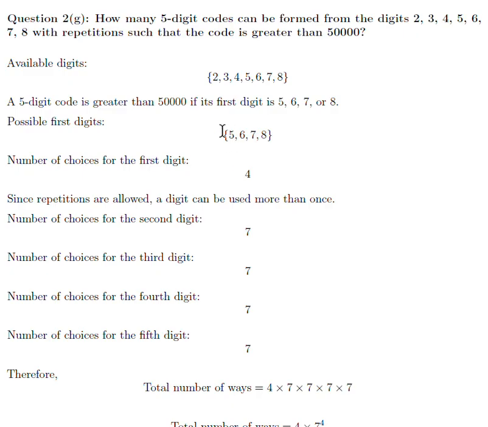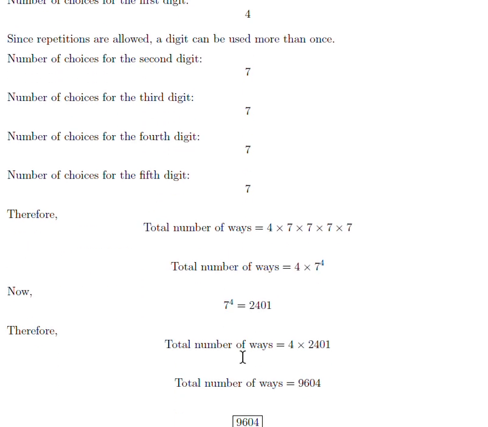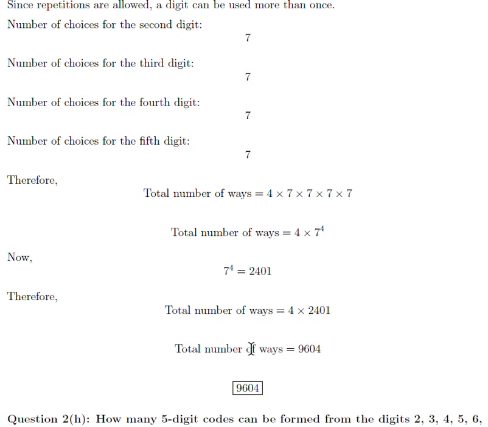If we chose 5, for instance, for our first position, the second digit can also be 5. It can be any of 2, 3, 4, 5, 6, 7, 8. Because repetition is allowed, every one of the other positions can take 7 choices, and so our solution is 9604 ways.